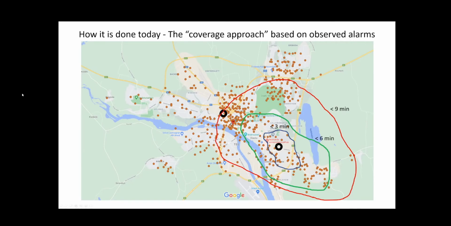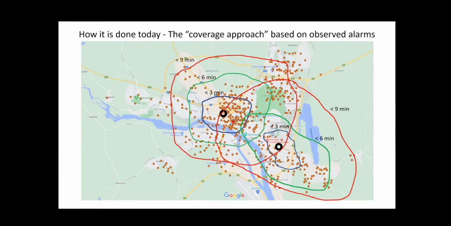If you live further away, it will take longer. One option would of course be to move one of the ambulances from this place to some other place, for example this one. If we do that, you see that we will expect to have a higher coverage and lower response times. This is how it's done today. You move and you put the circles around. So it's a fairly easy approach.